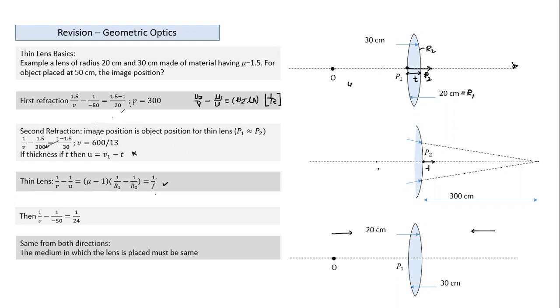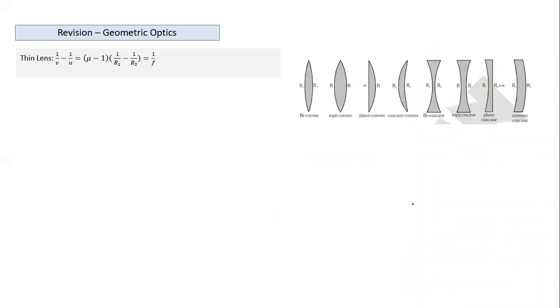Only condition is, we have assumed this to be air, this to be air, and this to be mu here. So we have assumed the lens is placed in the same medium. As long as the same medium exists on either side, focal length is independent of direction. If there are two different mediums, that's a complex case. In that case, it will not be the same.